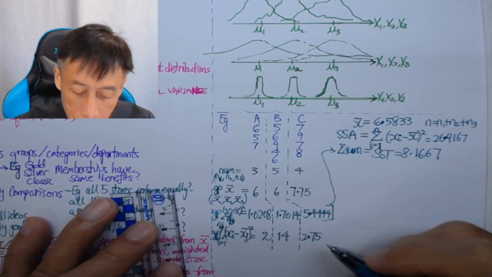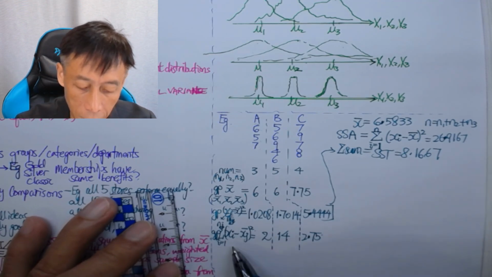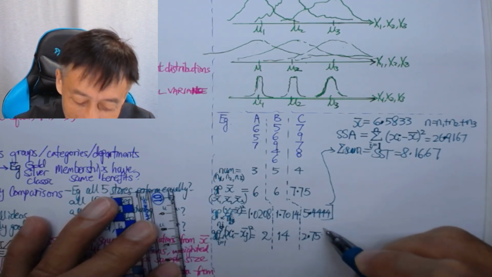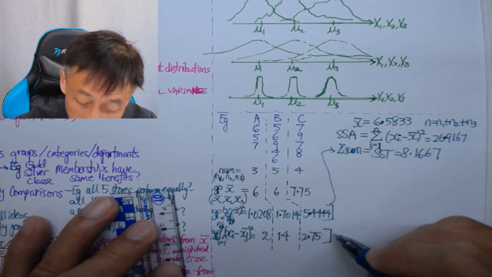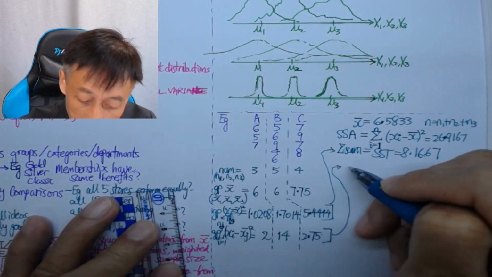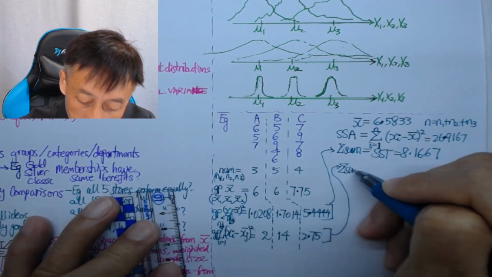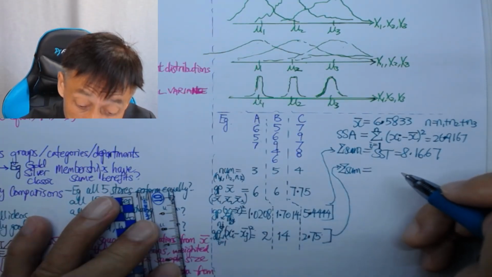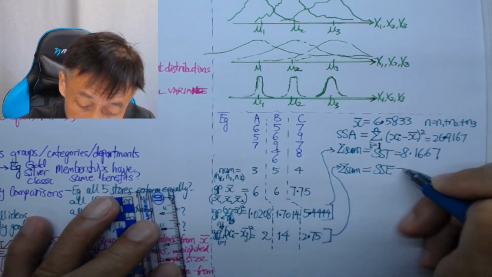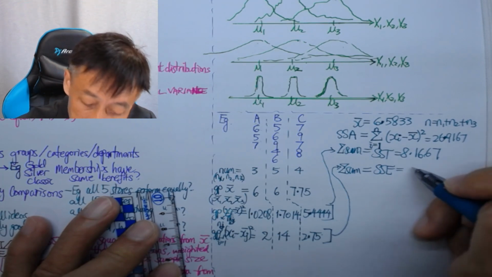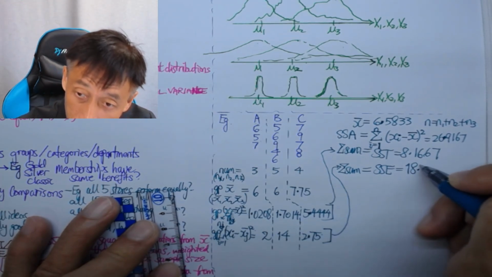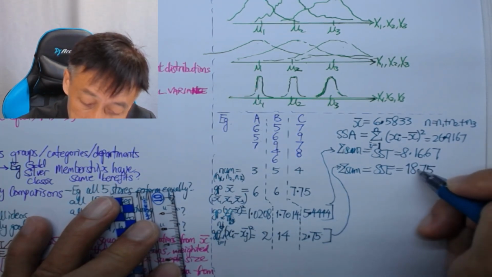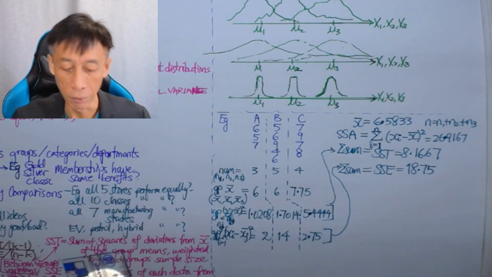2.75. And again, this is the reason why I do this. You can suspect that it is leading us to, if you sum this row up, you should get SSE. Okay, so our SSE gives us 18.75.